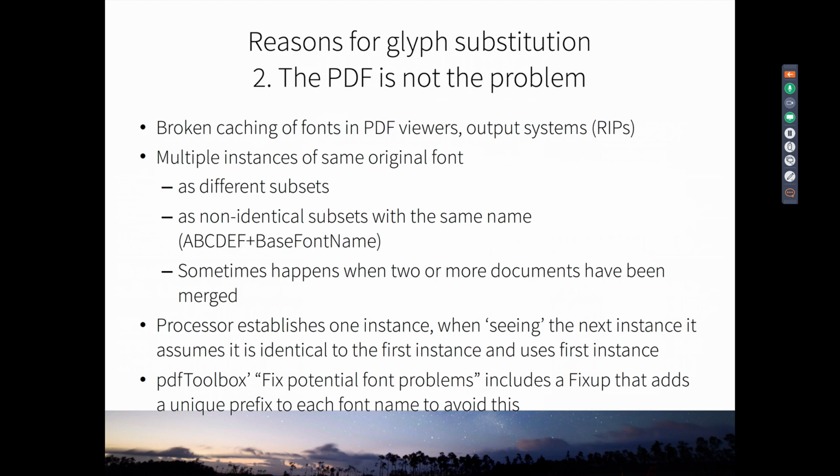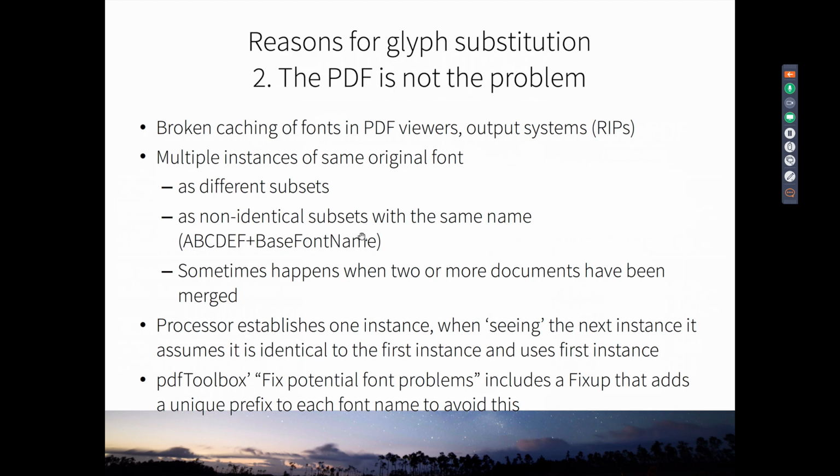Again, if you produce single pages and then merge them, it may be that this prefix is the same in the result file for each page, while the actual glyph subsets in these font objects for each page are different. And then if a processor just sees, oh, okay, I already got this font, I have it in my cache.